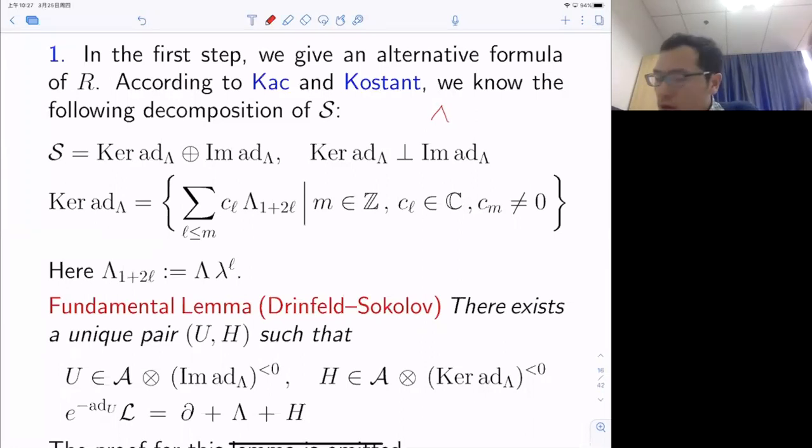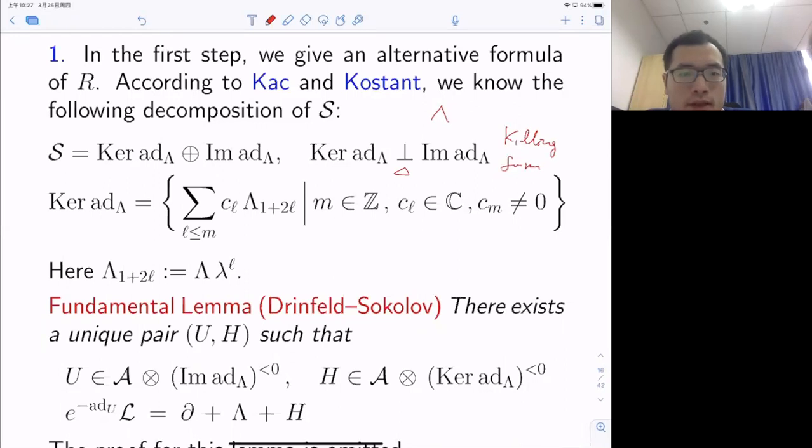There is also an orthogonal decomposition with respect to the Cartan-Killing form.